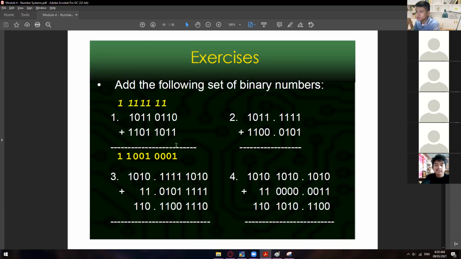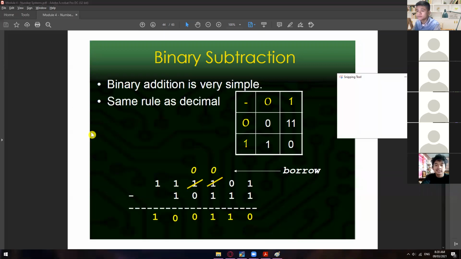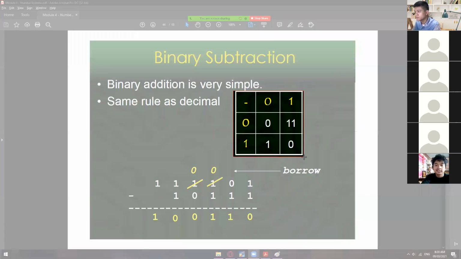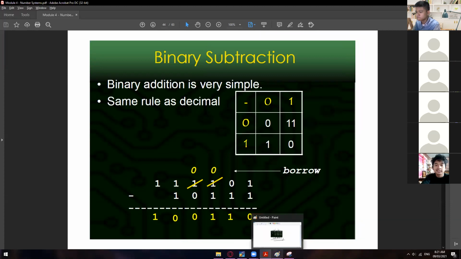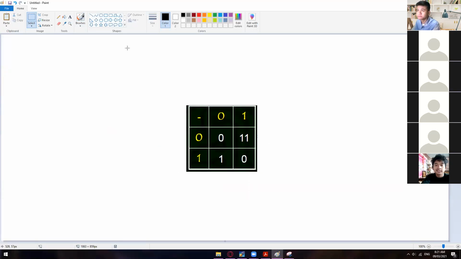Okay then, so that is for binary addition. The next one is binary subtraction. In here, 1 minus 1 is of course 0. 1 minus 0 is of course 1. 0 minus 0 is of course 0.